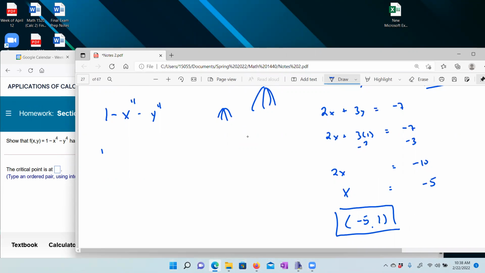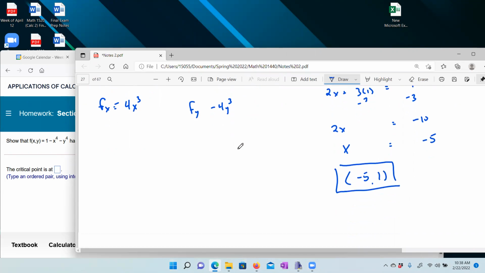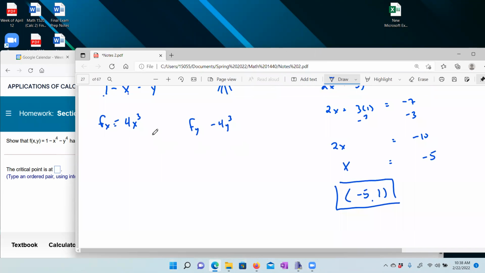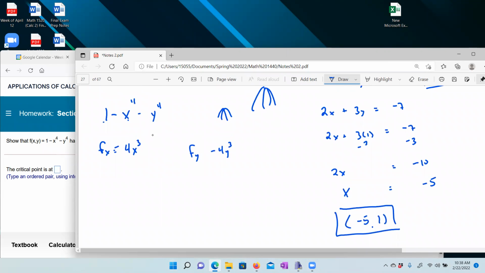But we'll go through it the long way here. Partial of x, we have negative 4x cubed. Partial of y, negative 4y cubed. And these have got to be our critical points. So negative 4x cubed equals 0, negative 4y cubed equals 0.